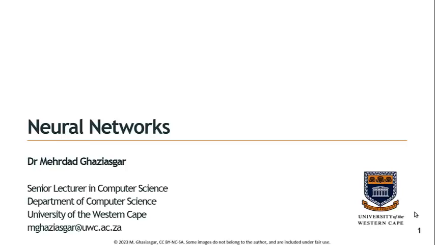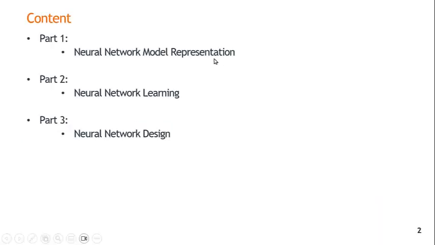Hello. This presentation corresponds to the first part of the third PowerPoint in the Neural Network series of Dr. Haziaskar. Recall that in part 1 we talked about neural network model representation, setting up the idea of neural network, talking about layers and neurons and activation functions.